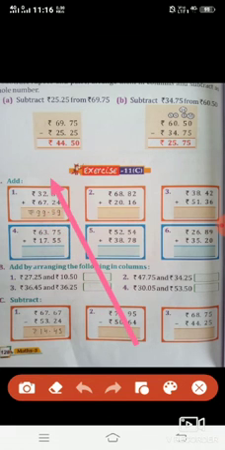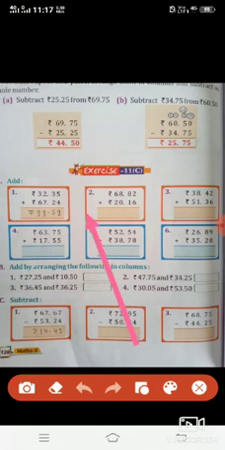Then we will add 2 plus 7, then we get 9, and now we will finally add 3 plus 6, then we get 9. So students, finally we get the answer 99 rupees 59 paise.